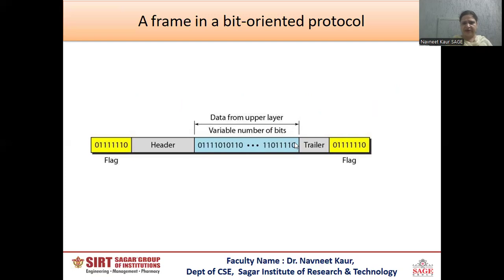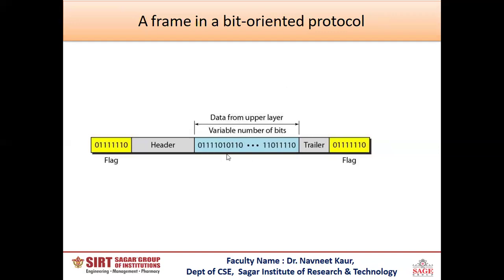Now coming to the next approach, which is the bit-oriented approach. In the bit-oriented approach, a collection of bits acts as the flag bits, which act as delimiters. This flag bit pattern consists of the bit pattern 0, then 6 ones, and then 0.